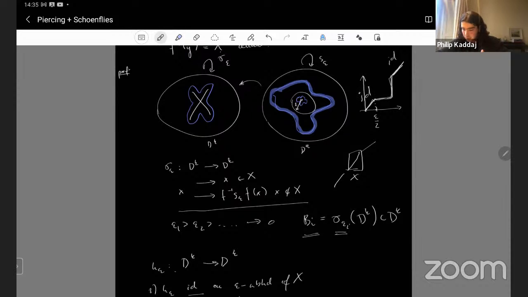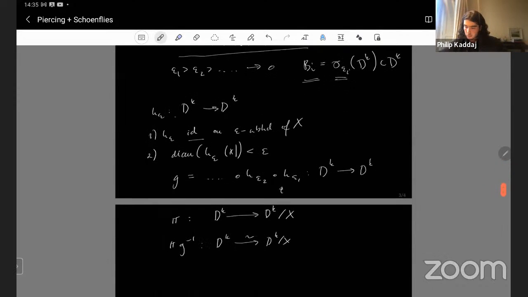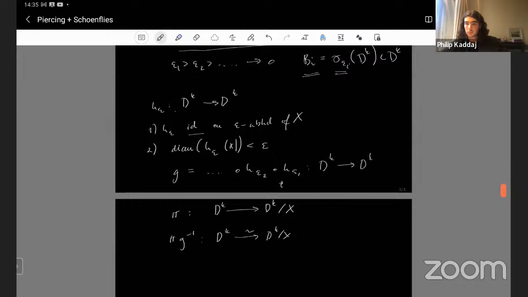So instead of squeezing, I take, for example, some neighborhood here and I squeeze it, but everything else stays the same. So it's injective everywhere apart from x.